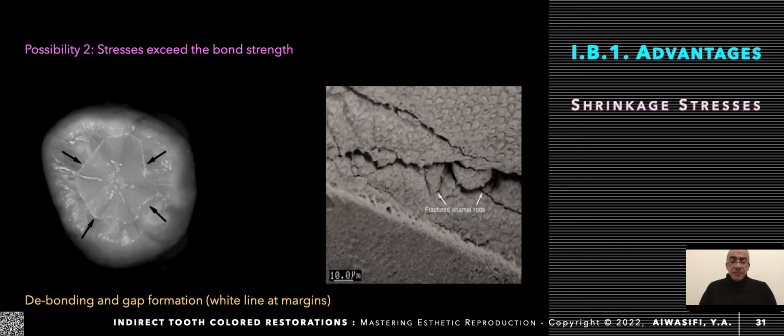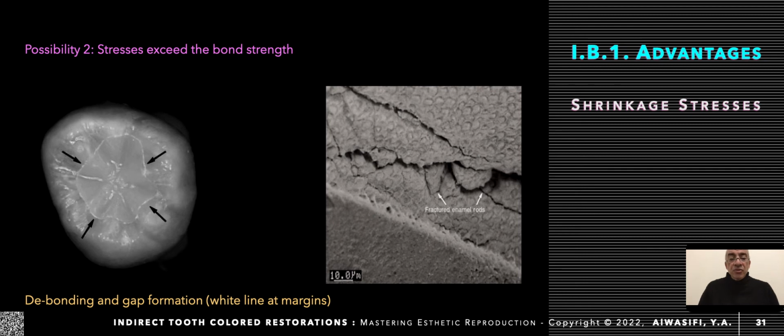Another possibility is that the bonding procedure is not perfect, and your shrinkage stresses are higher than the bond strength, and a debonding occurs or a fracture of the enamel margin. When you are finishing your composite, you could note a white line at the margin that indicates debonding.